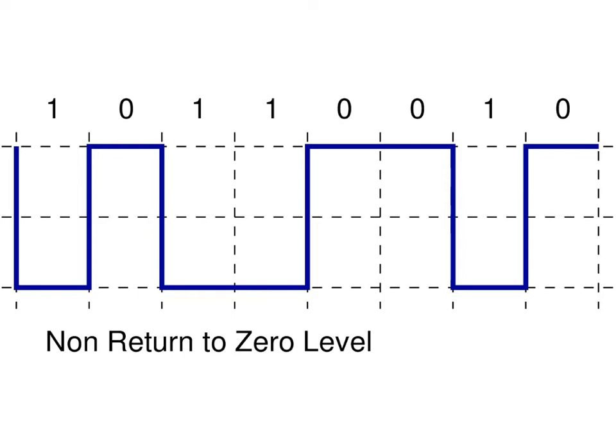That's what non-return to 0 means. We're either transmitting a positive voltage or a negative voltage. We don't return to 0 voltage. So this may be minus 5 volts, plus 5 volts. The value doesn't matter, it's just positive or negative. Easy, that one, non-return to 0 level.